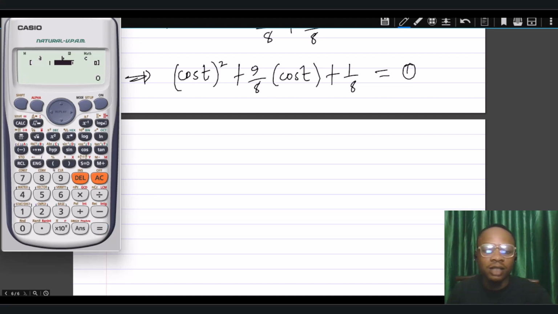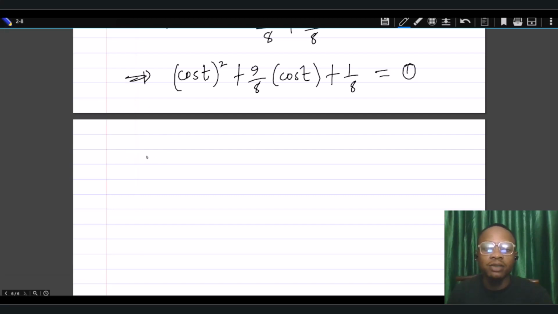The other one is 9 over 8, so we'll put 9 divided by 8, and then the last one is 1 over 8, that's 1 divided by 8. And so this gives us x equals minus 1 over 8 and x equals minus 1.